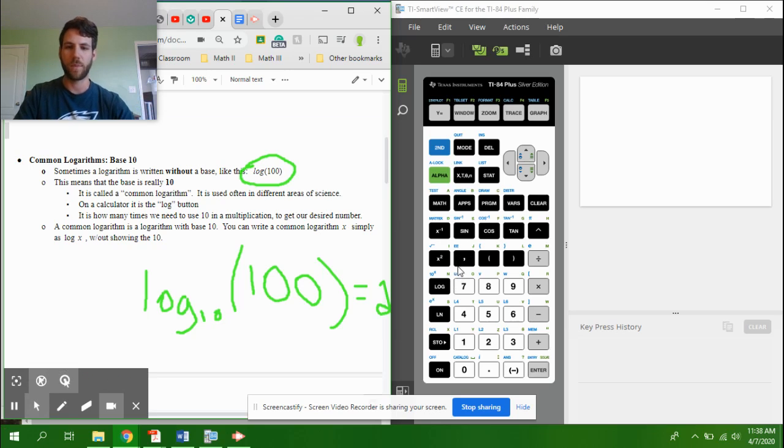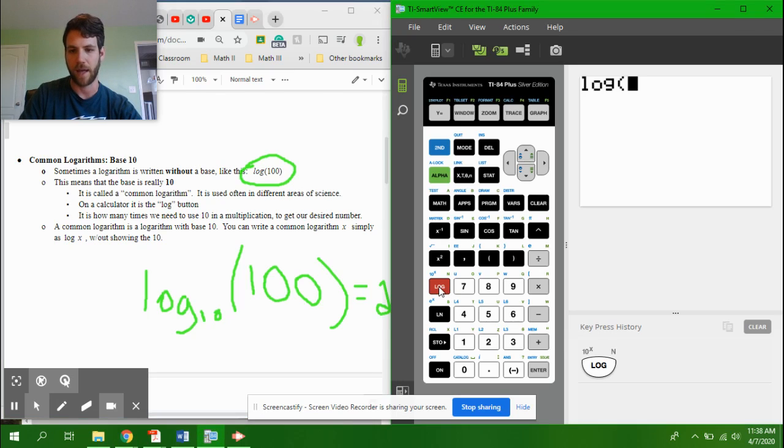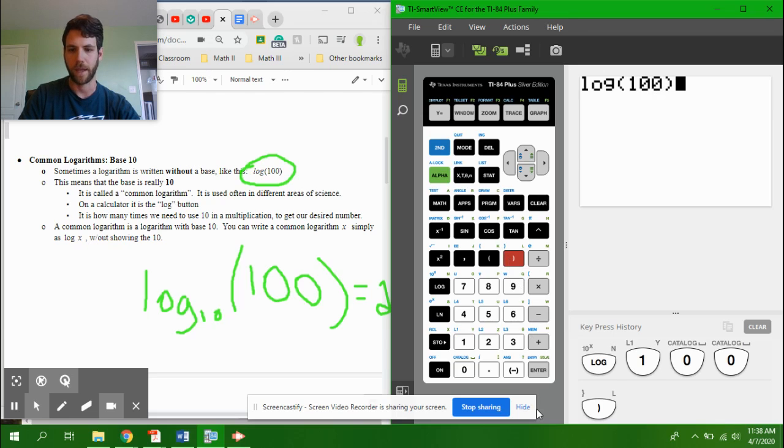If we go over to my calculator and find the log button, which you'll find to the left of the 7 button, if we click on log, you'll see that there's no base that comes up. If we type in 100 and close parentheses, it gives us the answer that we just got.